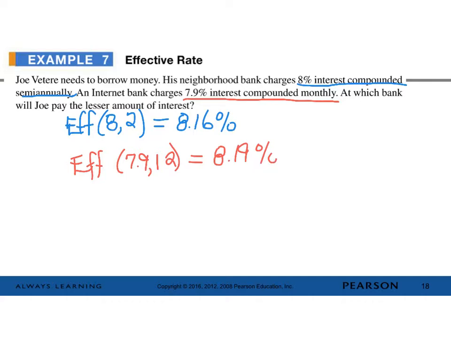Now, since Joe is wanting to borrow money, then his local neighborhood bank has the better interest rate.